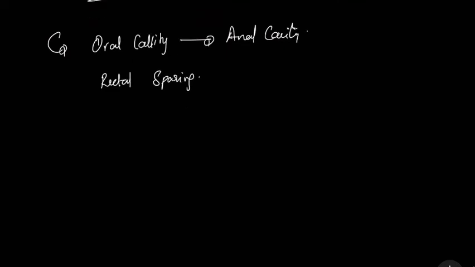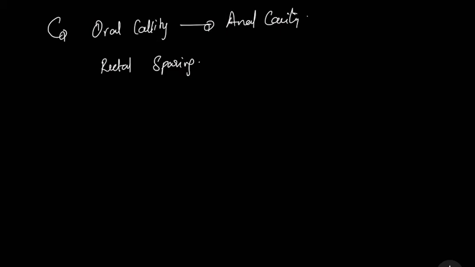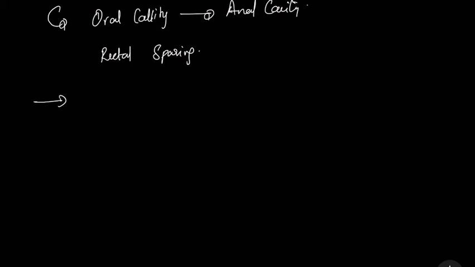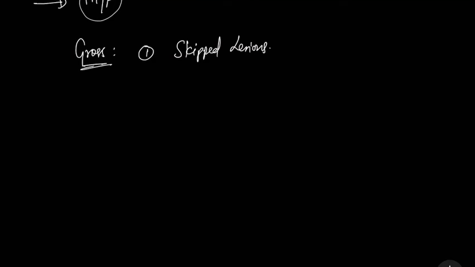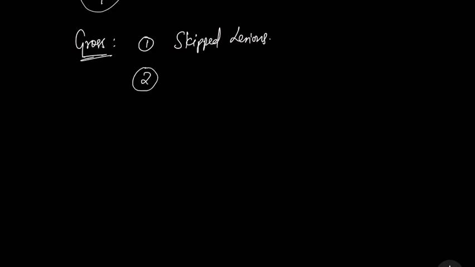So we've already done the etiology and the pathogenesis. Let's jump into its morphological features. Let's start with the gross. You're going to say this along with me. What was the first thing we saw? Skipped lesions. The lesions were throughout, so they were skipped. What was the second thing we saw? What appearance?